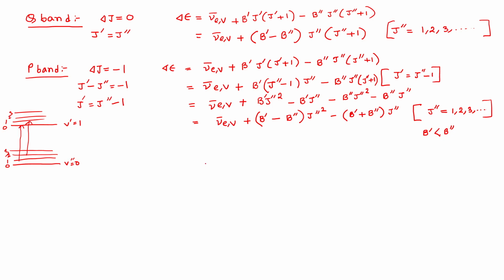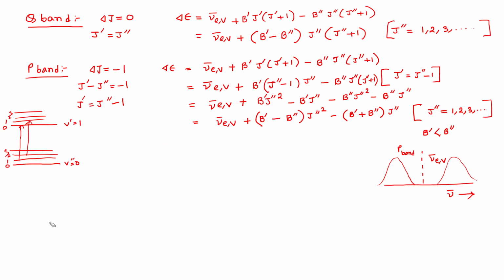What I'm trying to say, suppose this is your x-axis, band origin we can't see. But still, suppose I write it like that, and this is your band origin, then your P band is going to come here, and R band we will see where it will come.